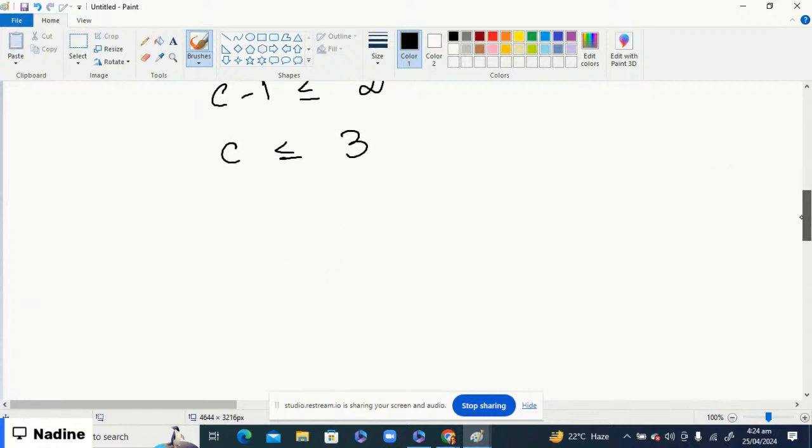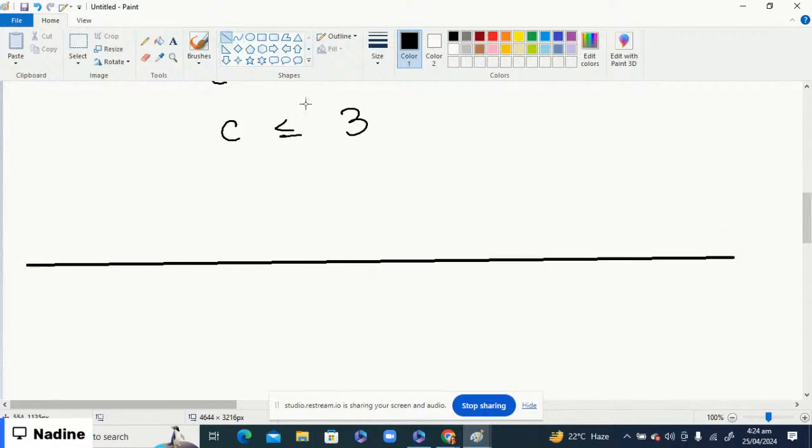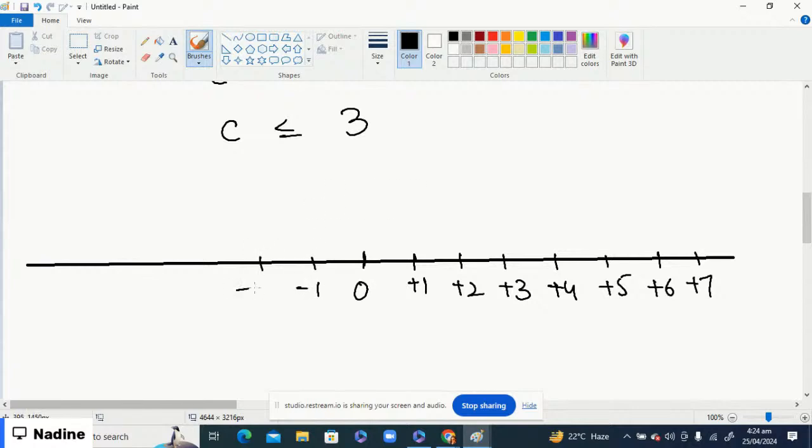So let's draw the number line. These are all plus.